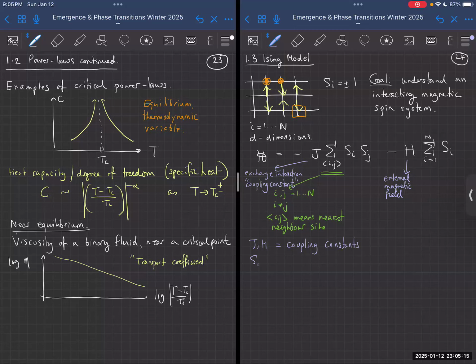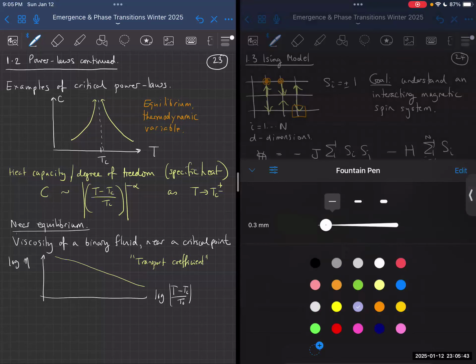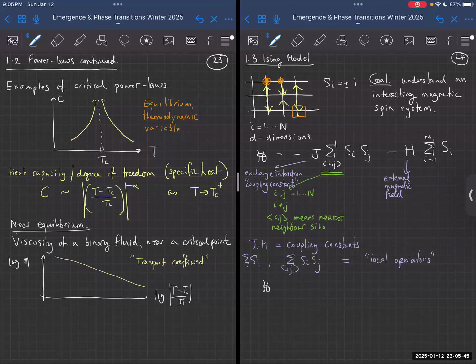And we can think of these terms, like the sum over i of Si and the sum over ij of Si Sj, sometimes as local operators, meaning that they are functions of the degrees of freedom. They act in certain ways, and so we can think of the Hamiltonian as written down in a generic way. Sounds ludicrously pretentious, but a way that looks like this.